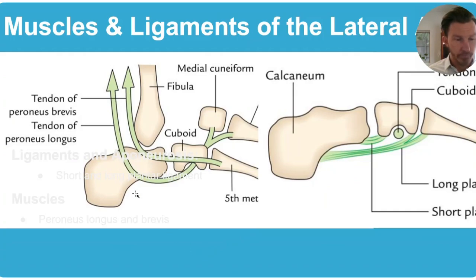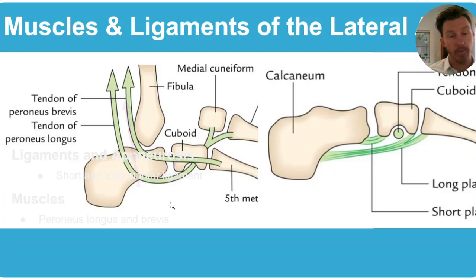So again, this is from the outside of the foot, and we're looking at the muscles that go down the outside of the leg into the outside of the foot. And so the big ones are the peroneus brevis and the peroneus longus muscles that attach here and then draw themselves up the side of the leg here.